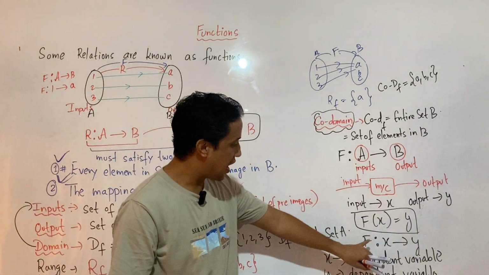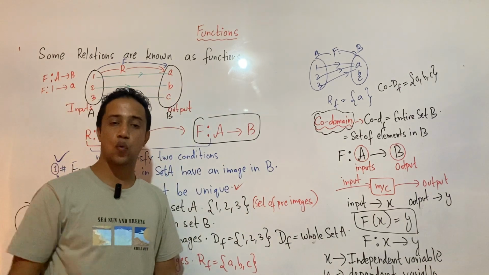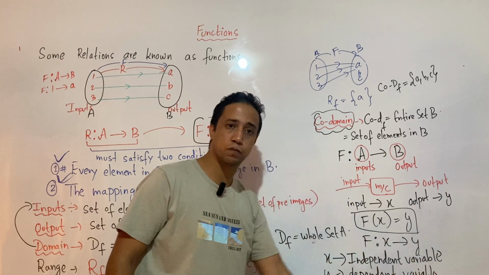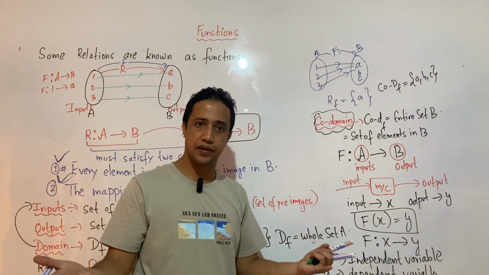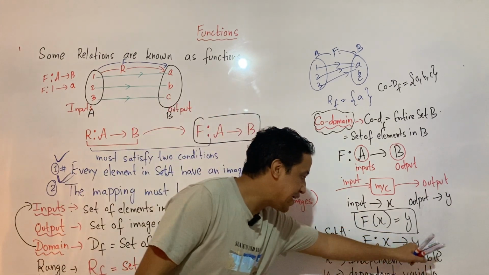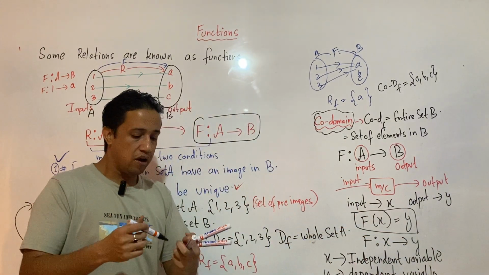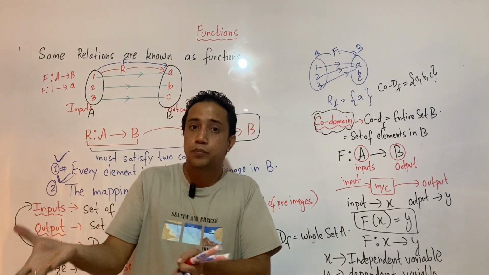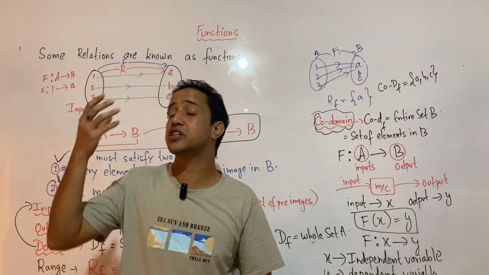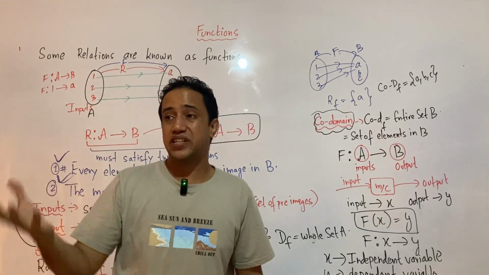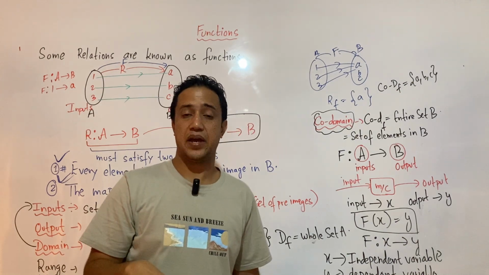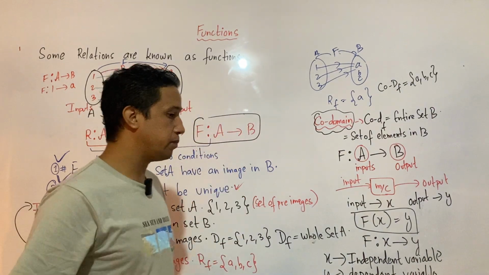If f is a function defined from x to y, it takes x input, processes it, and gives y output, which means x is independent. x is not depending on something, but y is depending on x. Your output depends on your input. Your input does not depend on the output, because your output is decided by what input you are giving to the machine. Understand? I hope you get it.